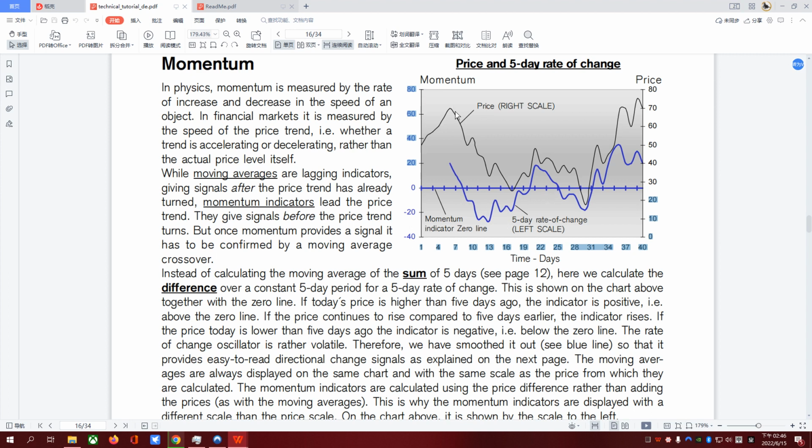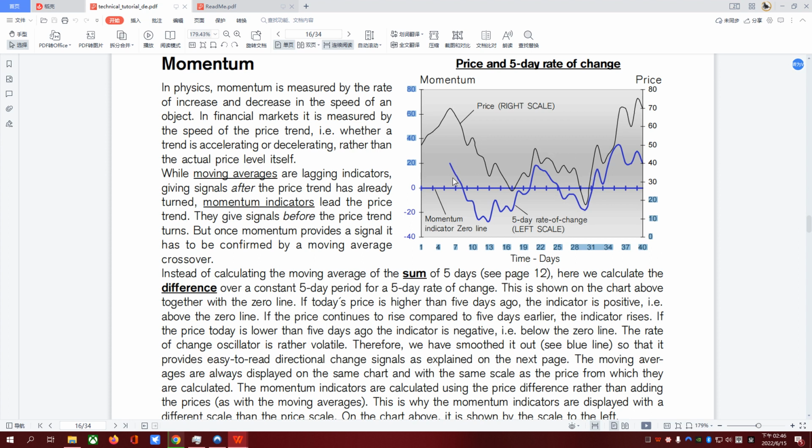This is the actual stock price. Whenever that rate of change is above 0, you start seeing the market moving upward. When the rate of change goes below 0, the stock price is heading down. As you can see, this rate moves a lot faster than the actual stock move, right?